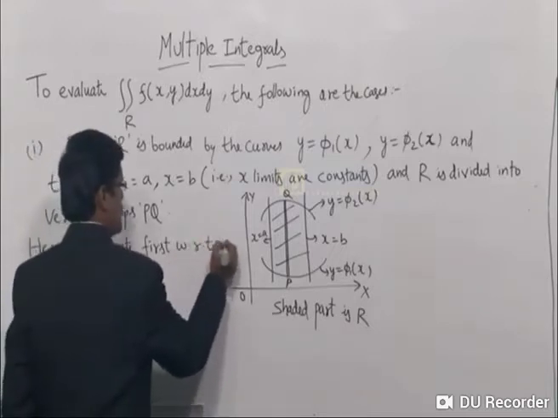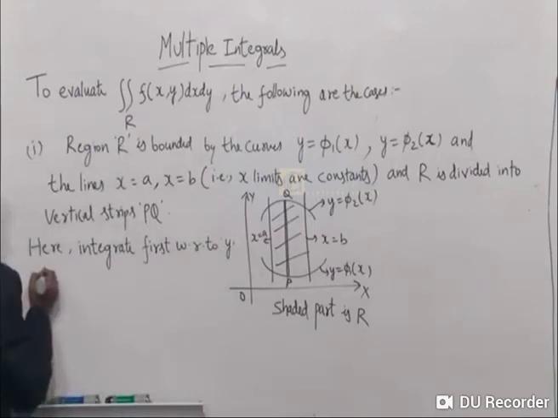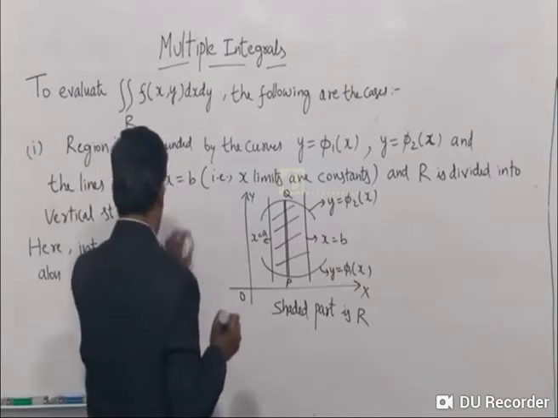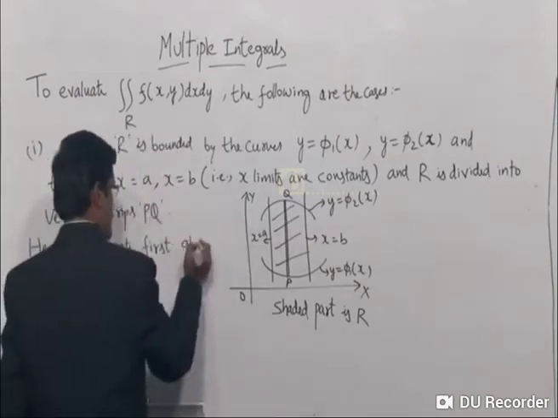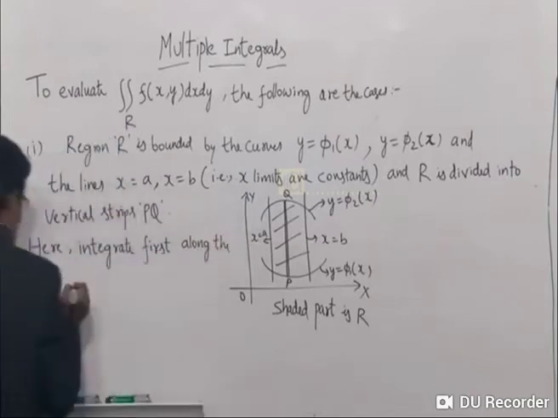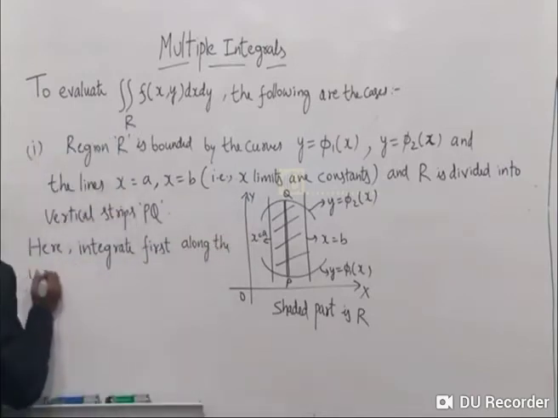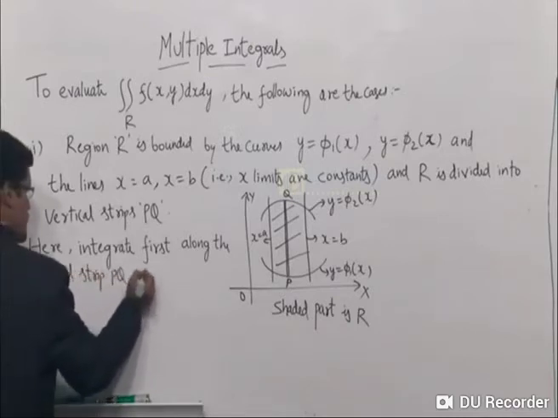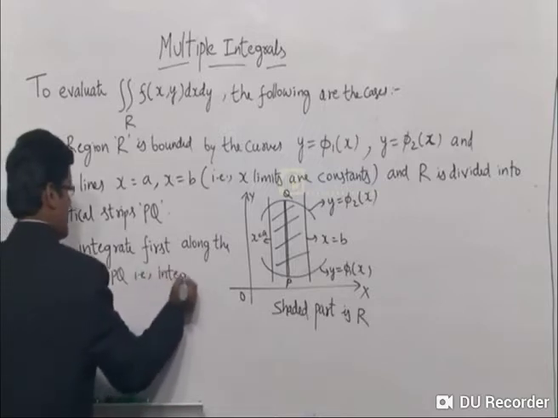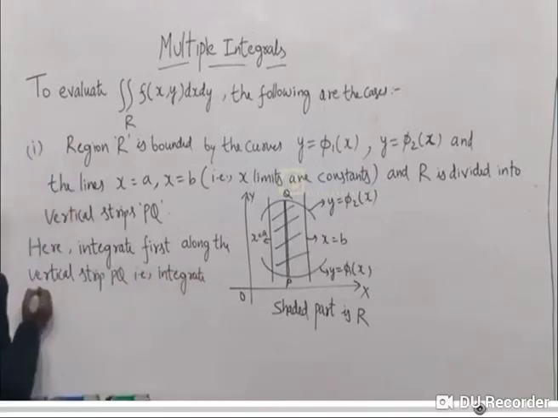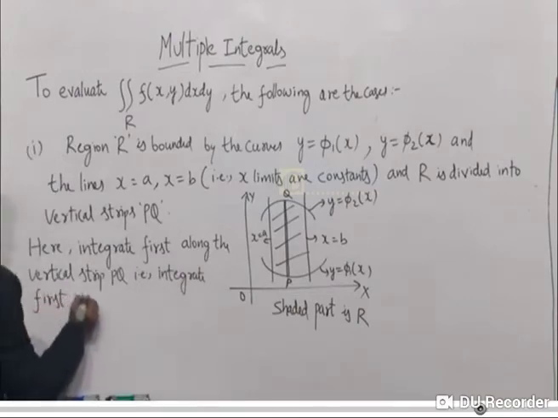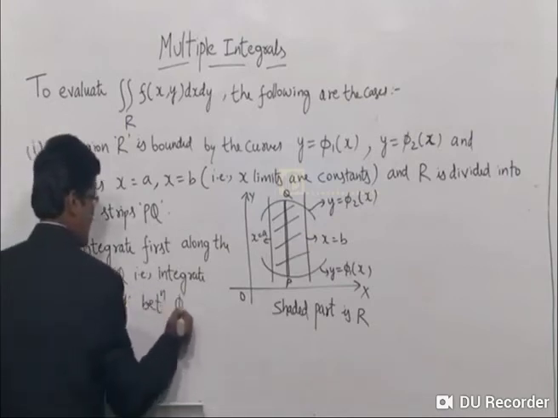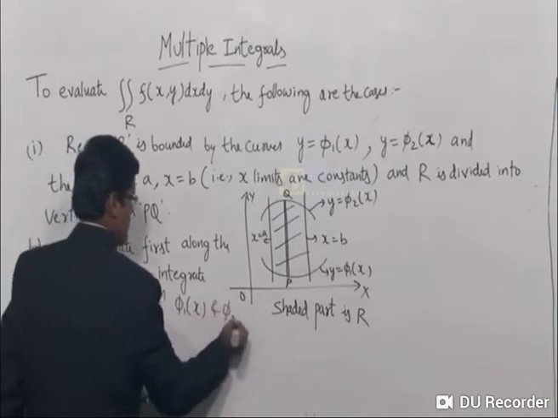First with respect to y, first integrate. Here integrate first along the vertical strip PQ, that is, integrate first with respect to y between phi 1 of x and phi 2 of x.